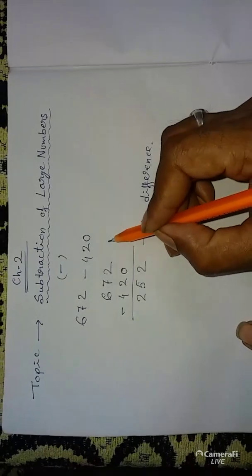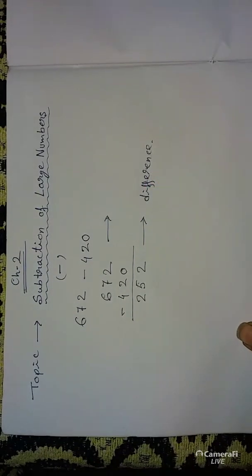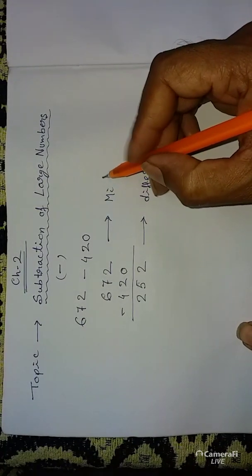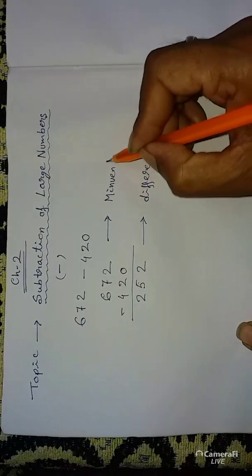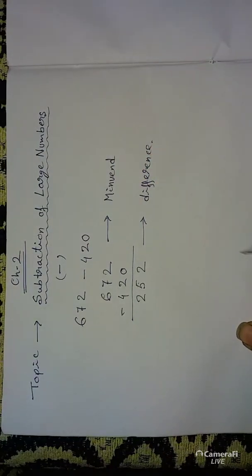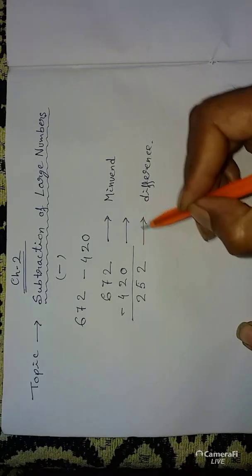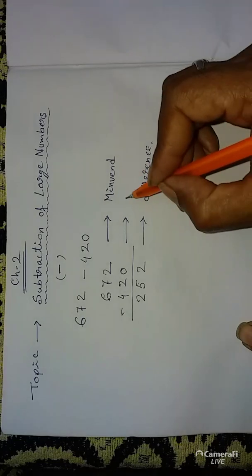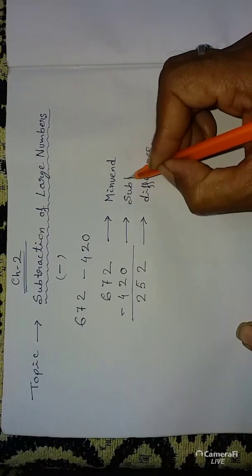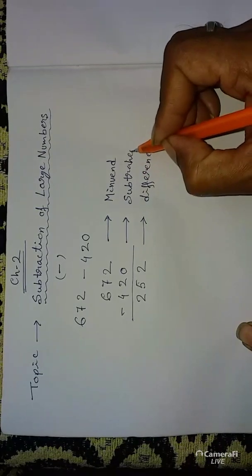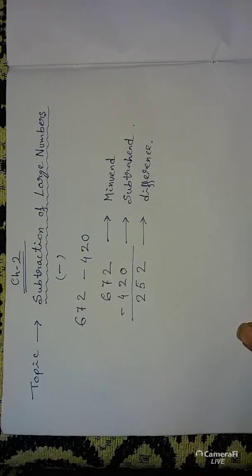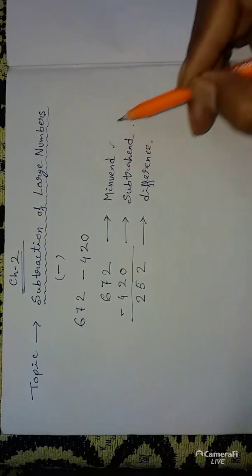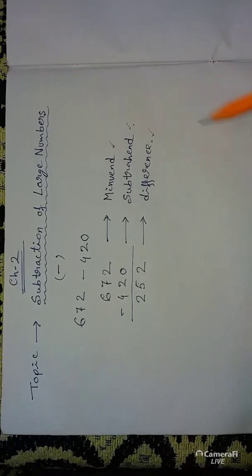Now the number from which we are subtracting is called the minuend, and the number which is subtracted from the minuend is called the subtrahend. So these are the terms related to a subtraction: minuend, subtrahend and difference.